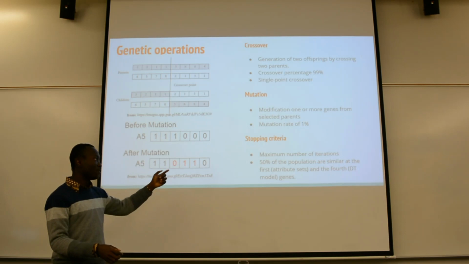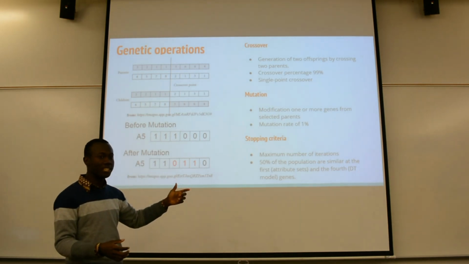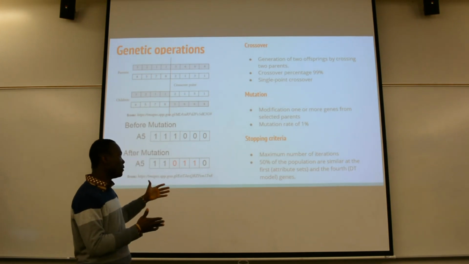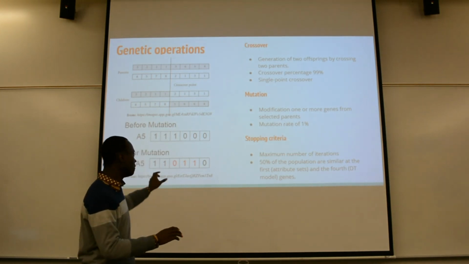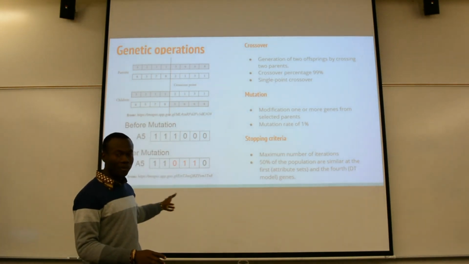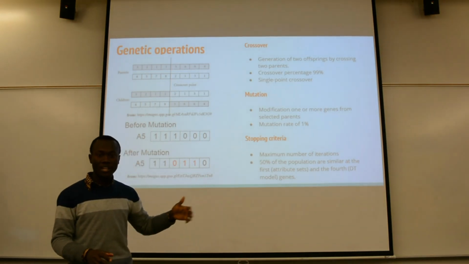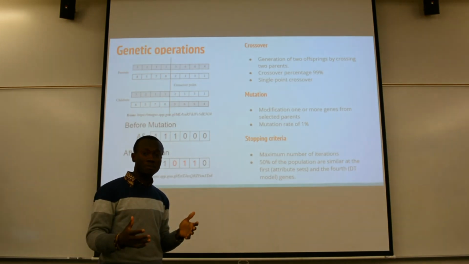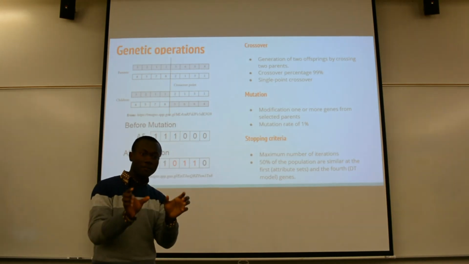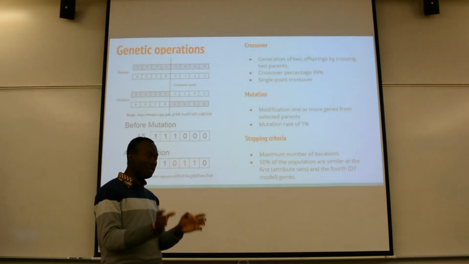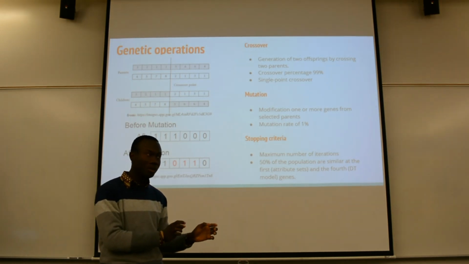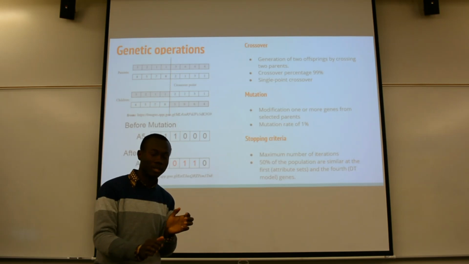There is a 1% mutation rate, which was selected in the paper, which is 1% probability of modifying a given gene from a given parent. The stopping criteria is the maximum number of iterations, and also when 50% of the population, the first and the attribute sets, and the fourth, which refers to the DT model, has reached a 50% rate.